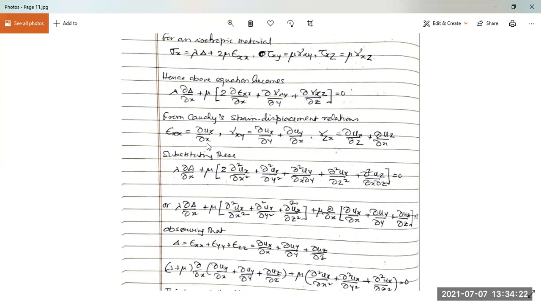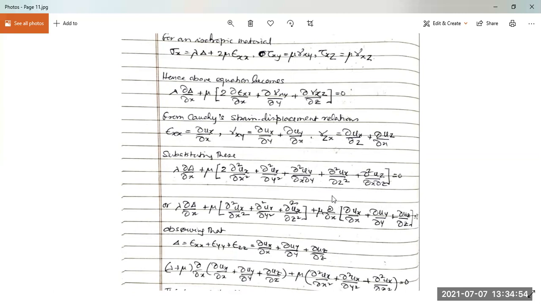If we substitute these values here, what will happen? The λ ∂Δ/∂x remains the same, plus μ remains the same, multiplied by the second-order terms: ∂²u_x/∂x², ∂²u_y/∂x∂y, ∂²u_x/∂y², ∂²u_x/∂z² plus ∂²u_z/∂x∂z. This is equal to 0 itself.